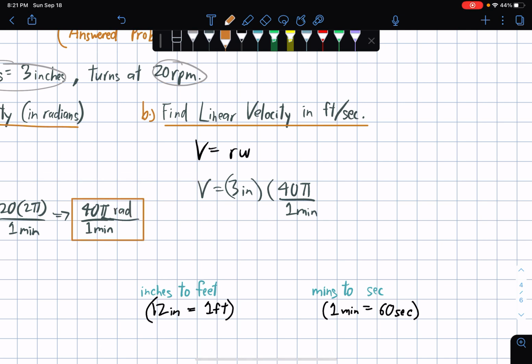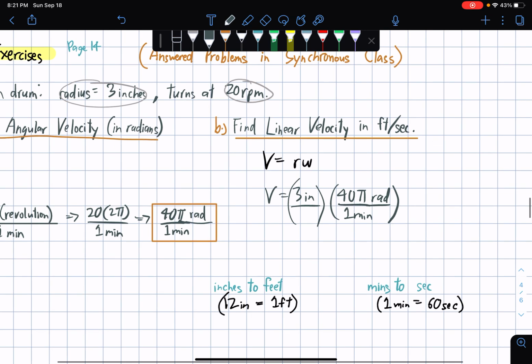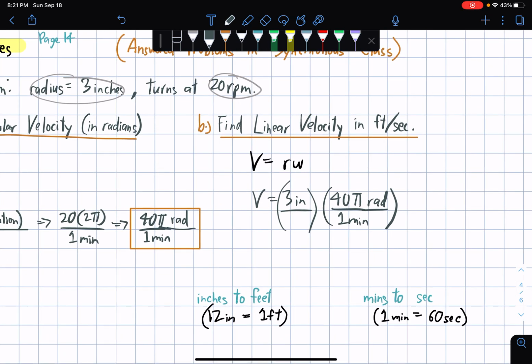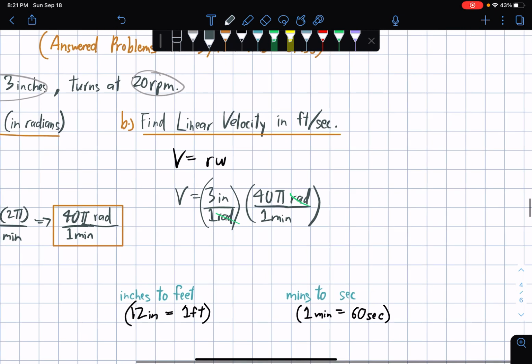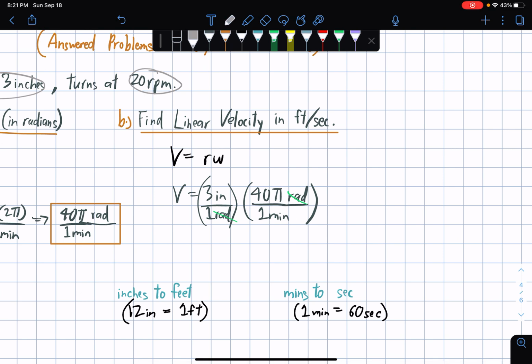This is the final answer for angular velocity. By the way, for radius, I also forgot. I'm actually not used to it even to this day. 3 inches. Every radius will have a per 1 rad as its denominator. So basically we cancel those two units.